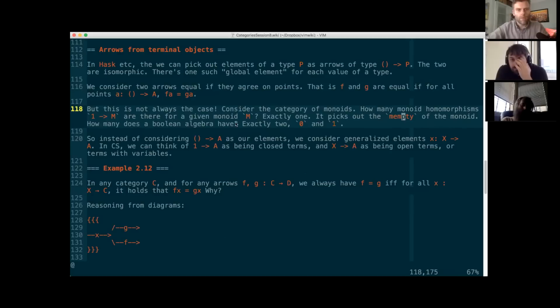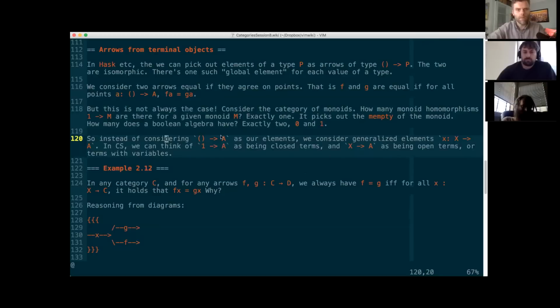So how many does a Boolean algebra have? It has exactly 2. We can go from the terminal Boolean algebra to a given other Boolean algebra in exactly 2 ways. We can either pick out the 0 or the 1. For that function to be a Boolean algebra homomorphism, it has to take the unit to either 0 or 1.